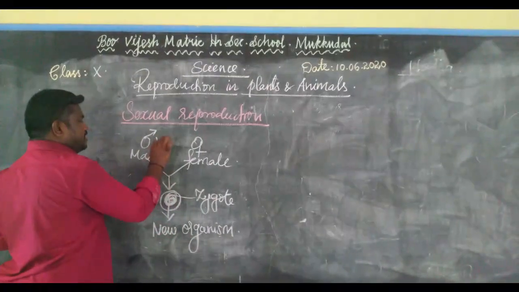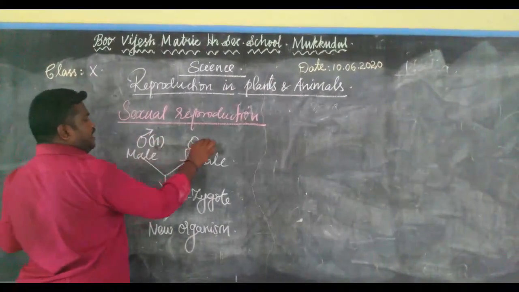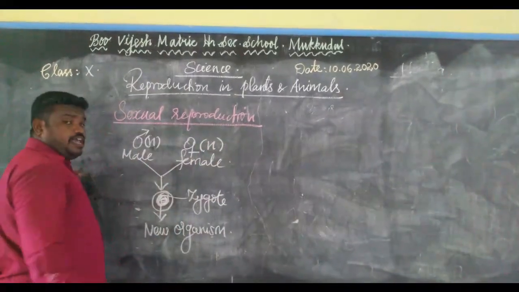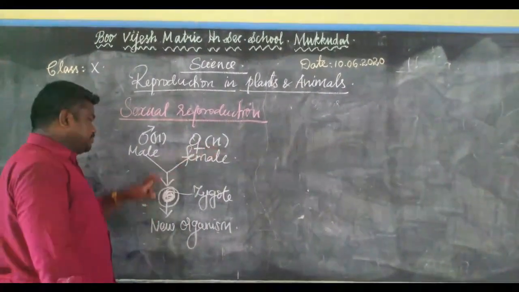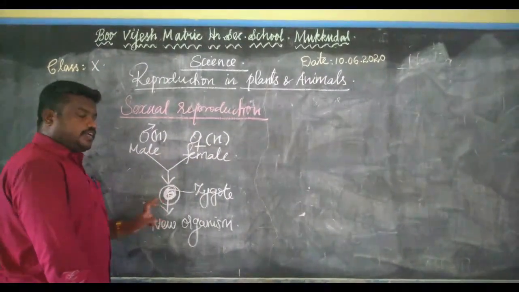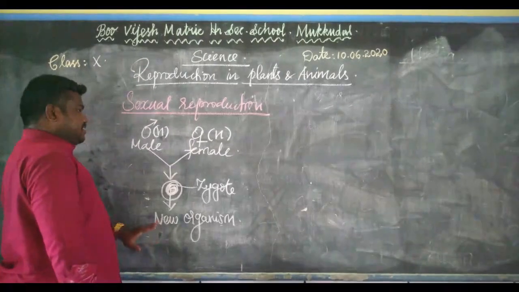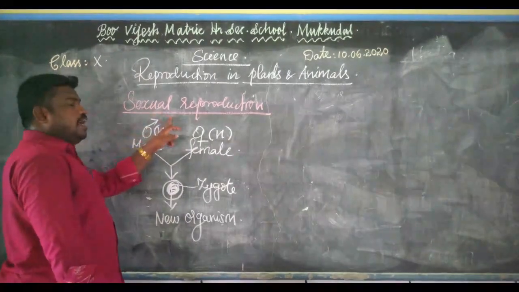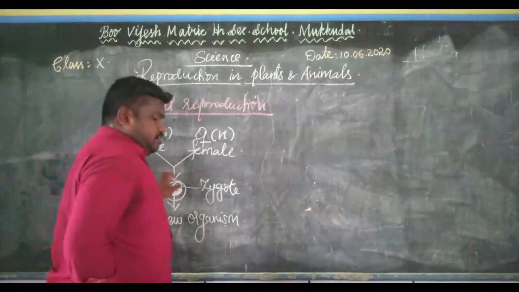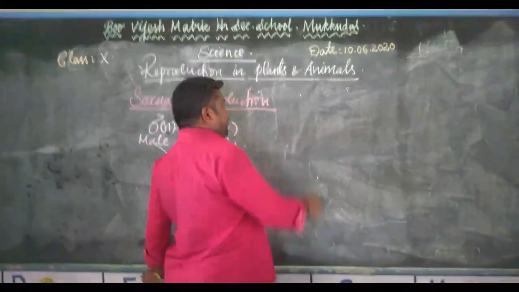The male gamete is haploid, with n chromosomes, and the female is also haploid, n chromosomes. The zygote develops into a new organism. This process is known as sexual reproduction. Can you understand?